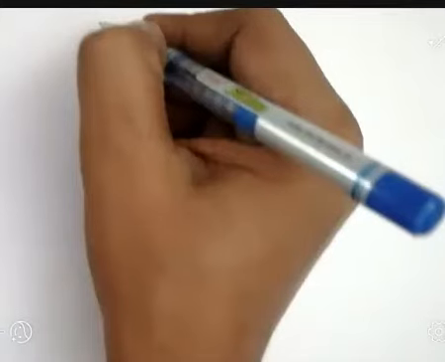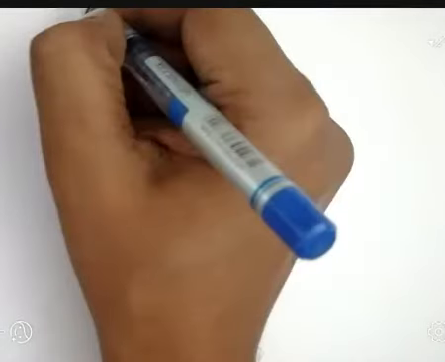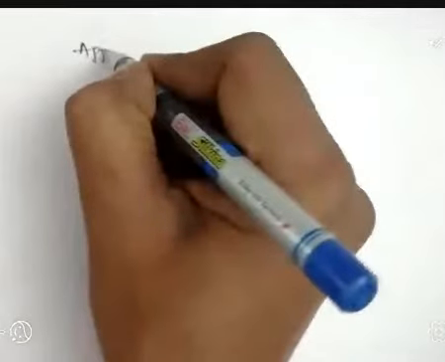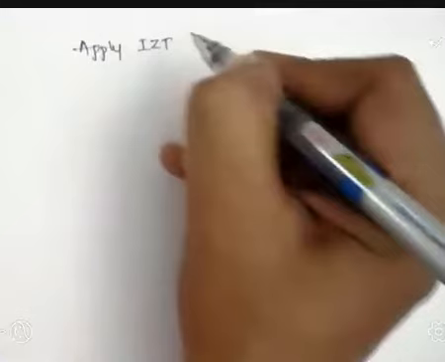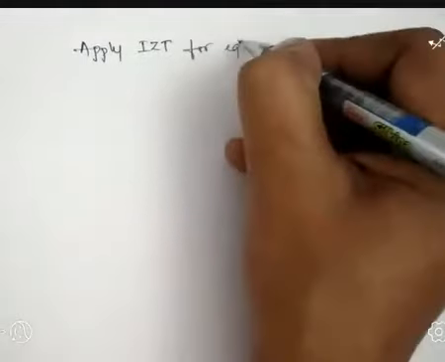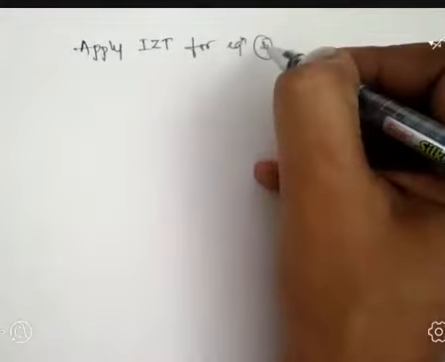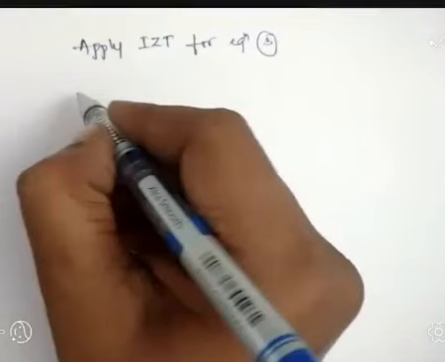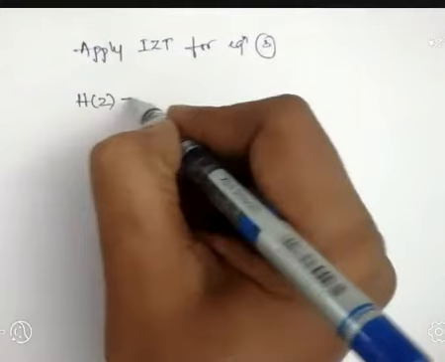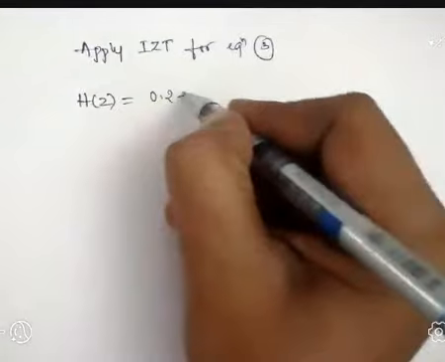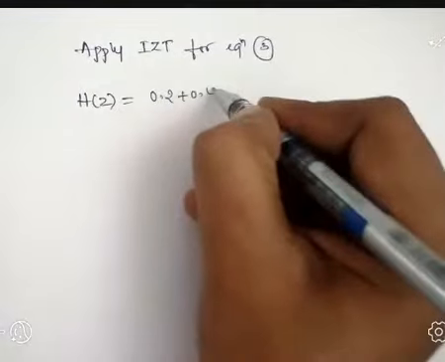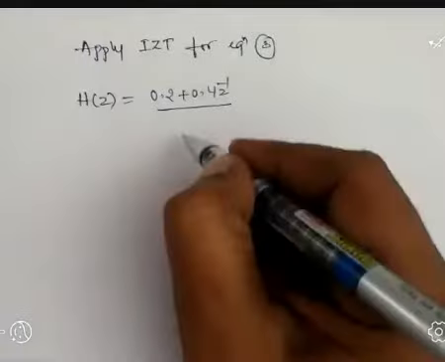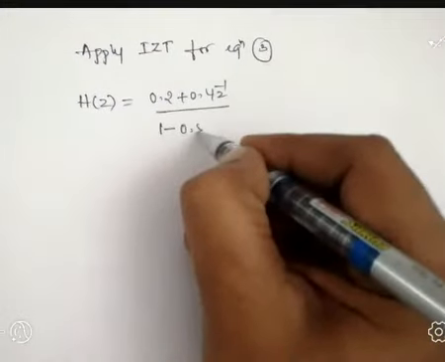Let us apply the inverse Z transform for equation number 3. Before that, I am once again writing equation number 3 here. H of z equal to, for your reference, 0.2 plus 0.4 z to the power minus 1 divided by 1 minus 0.5 z to the power minus 1.